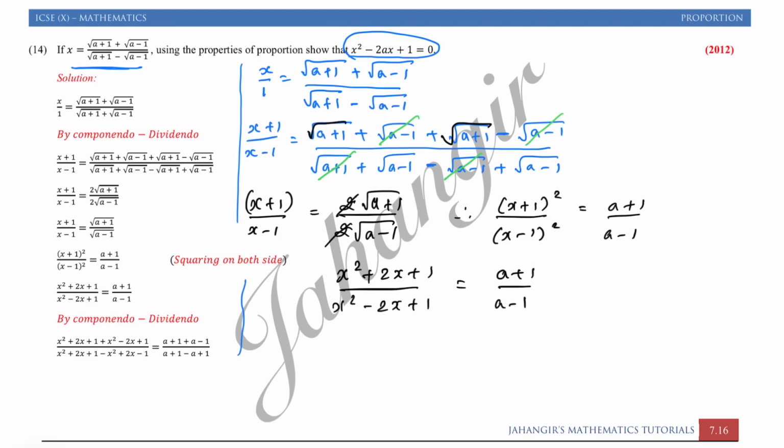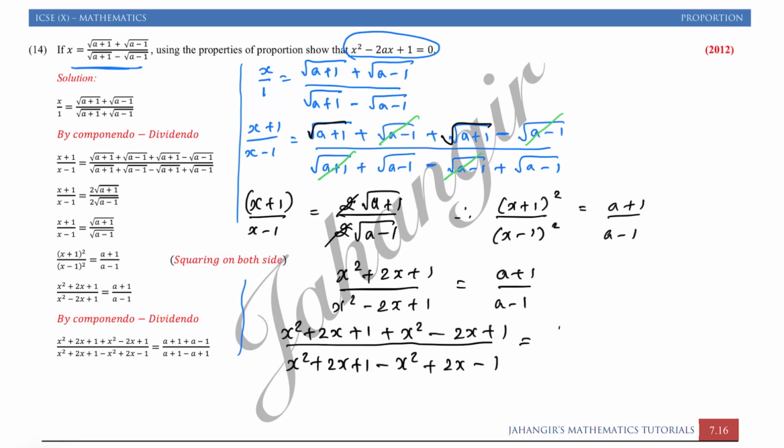Now we will take componendo dividendo for this. So by componendo dividendo I can write x square plus 2x plus 1 plus x square minus 2x plus 1 whole upon x square plus 2x plus 1 minus x square plus 2x minus 1, equals a plus 1 plus a minus 1 upon a plus 1 minus a plus 1.